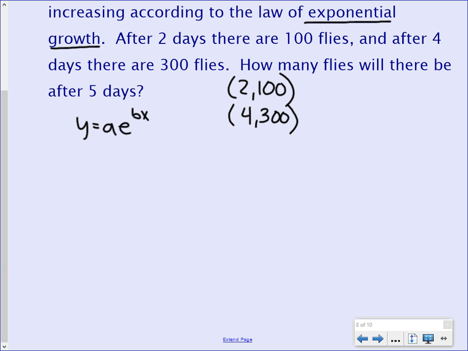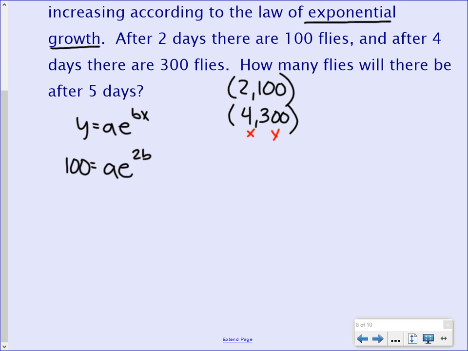And knowing that those represent my x, y ordered pairs, I could plug those things in for x and y respectively. So if I'm looking at that first ordered pair, I could say 100 equals a times e to the, and I would do b times 2. I'm going to go ahead and write that as 2b, because multiplication can be written either way.